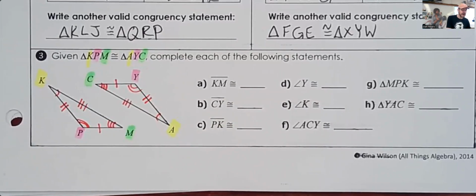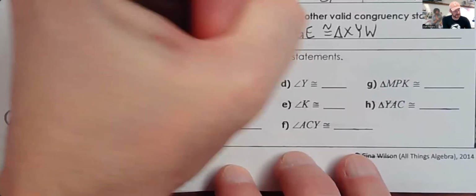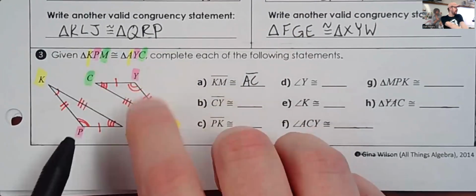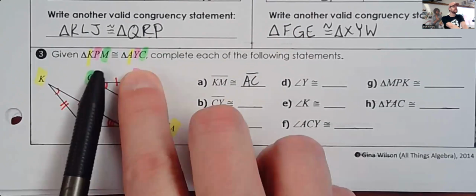All right. So part A, segment KM is congruent to what? AC, yeah. Make sure you put A first, AC. It does matter. And again, I would not really look at the diagram here. I would just go back to the congruent statement here.